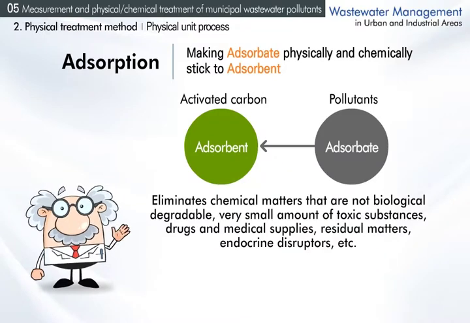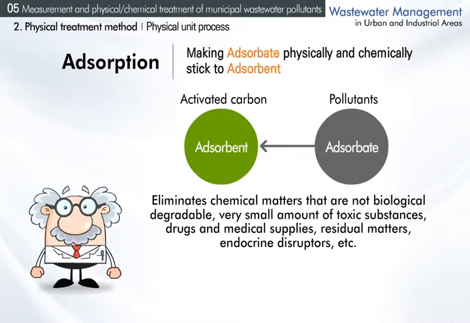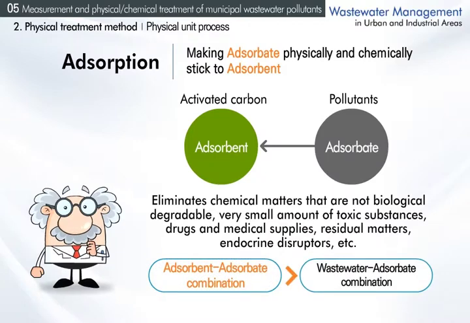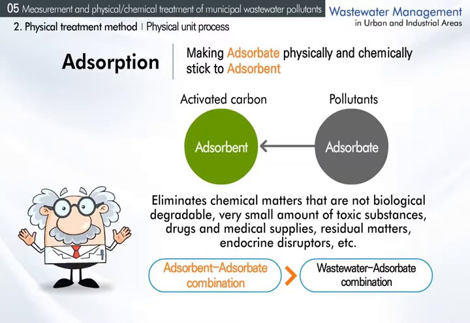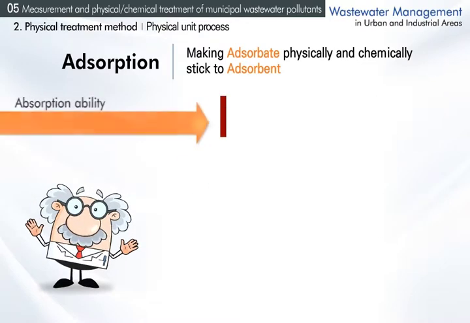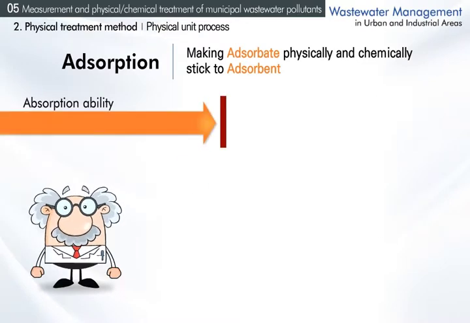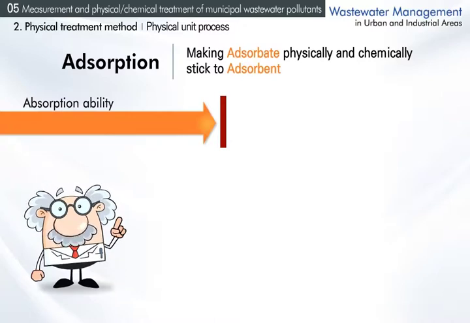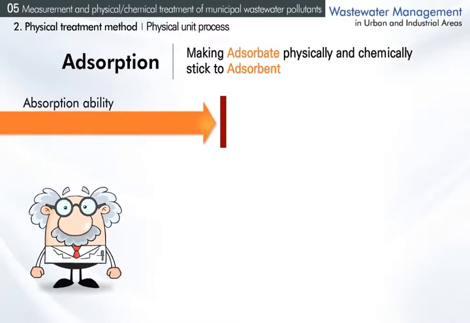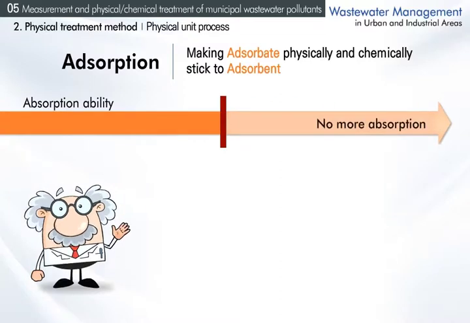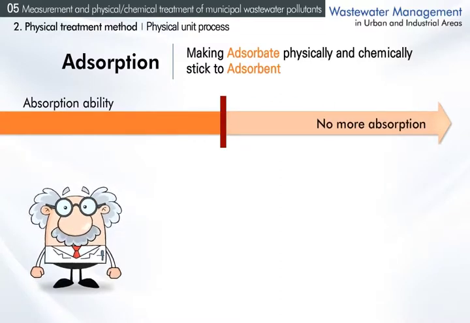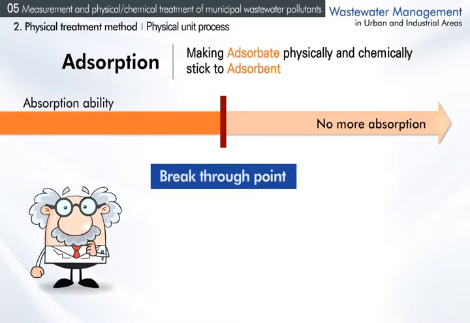and medical supplies, residual matters, endocrine disruptors, etc., and occurs when the combination power between adsorbent and adsorbate is greater than that of wastewater and adsorbate. When eliminating wastewater pollutants through adsorption, there is a limit to the capacity of adsorbent to adsorb pollutants as the adsorption time goes by, and there is no more adsorption when it exceeds the maximum allowance level, which is called breakthrough point.